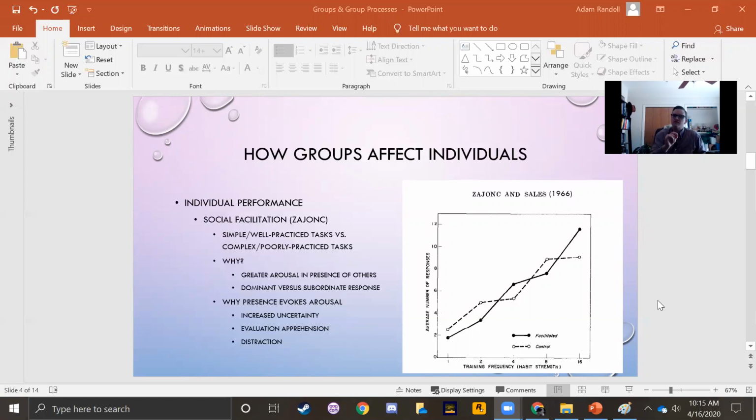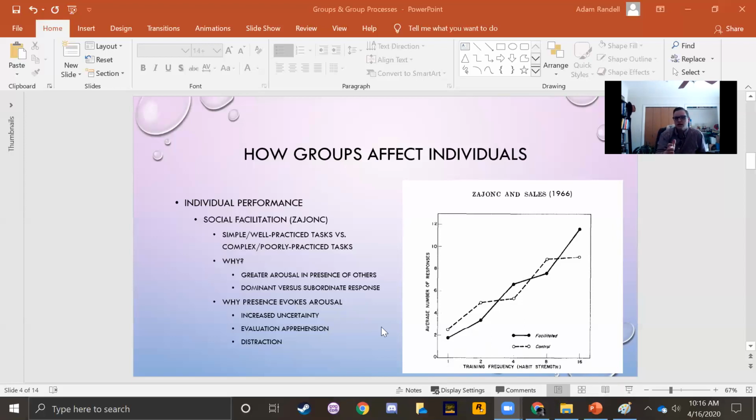Now, he varied how many times participants had a chance to practice each of, I think it was 10 words. So, for example, you can see here in the figure, some words they were given one chance to practice, other words they were given 2, 4, 8, or 16 chances to practice.